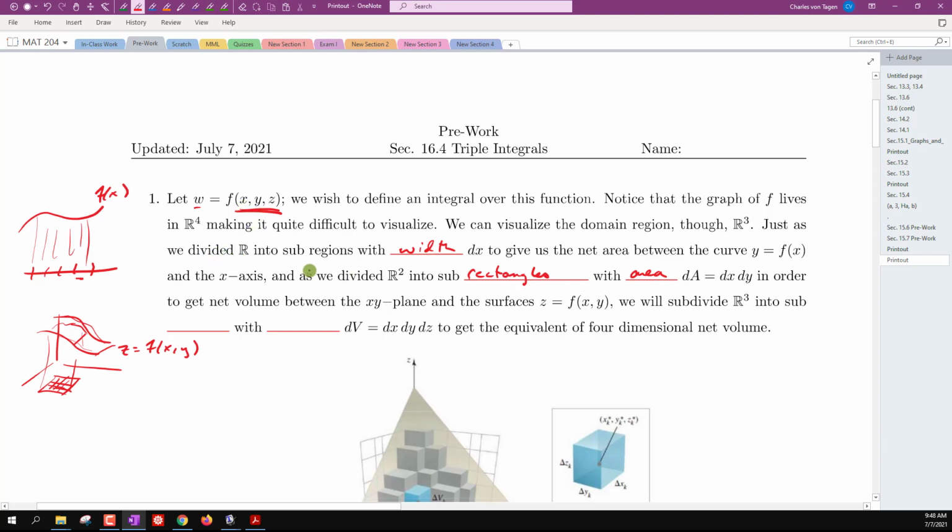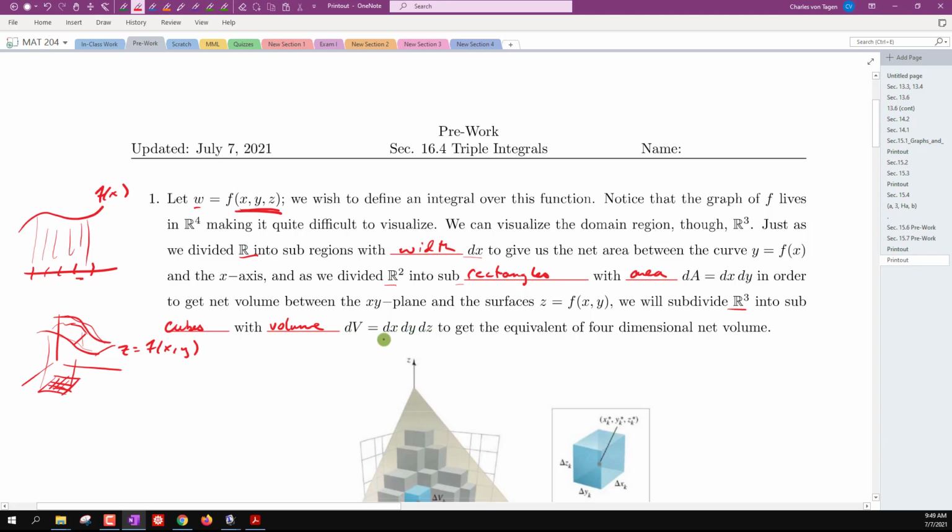And just as we took in the one variable integral, we took R and subdivided it into widths dx, or we took R2 in the two variable case and divided it into subrectangles of area dA, we are going to take some region of R3 and divide it up into cubes for right now, but I'll explain that in just a second.